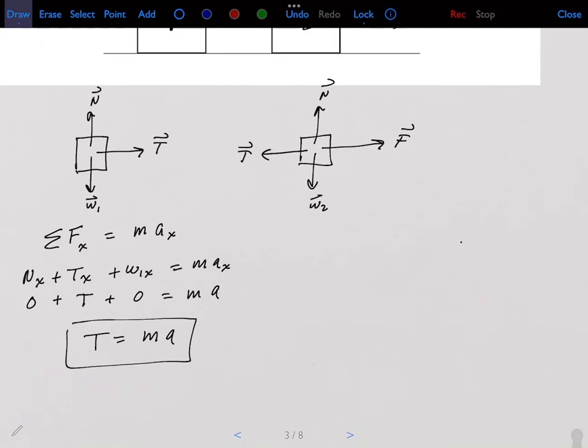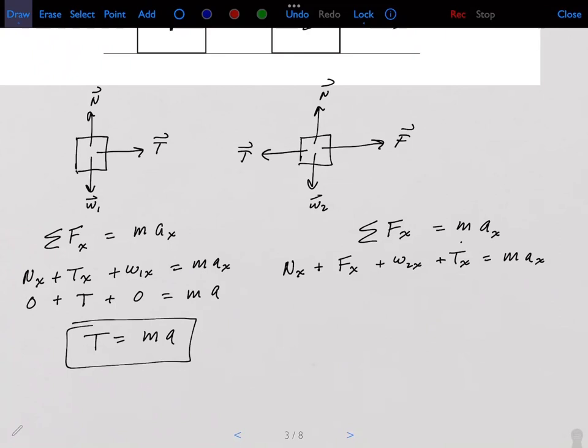I'll box this in here. So I have the same thing. If I look at the x direction, if we had friction, we'd have to do the y direction as well, but we don't, so we don't have to worry about it. So now I want nx plus fx, right? I want the x components of all these forces, plus w2x plus tx is equal to max.